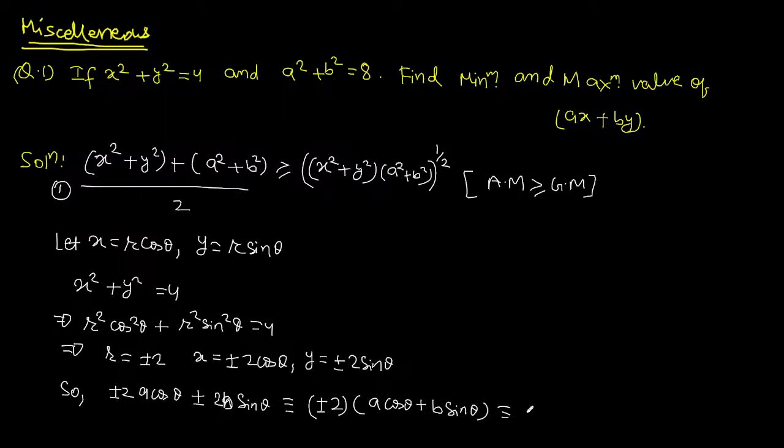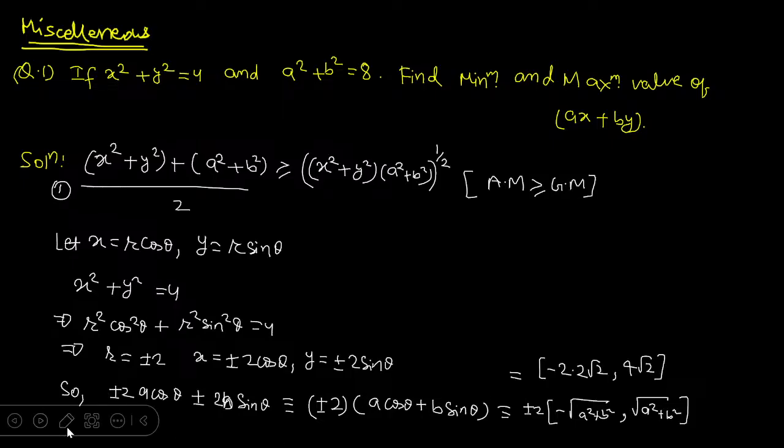And we know this range is plus minus 2 times minus root under a square plus b square to root under a square plus b square. Since a square plus b square is 8, root under is 2 root 2, so the range is minus 4 root 2 to 4 root 2. This is the answer.